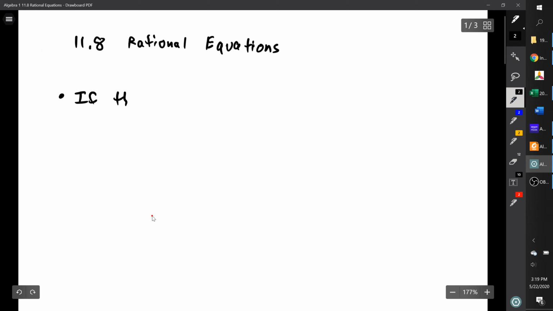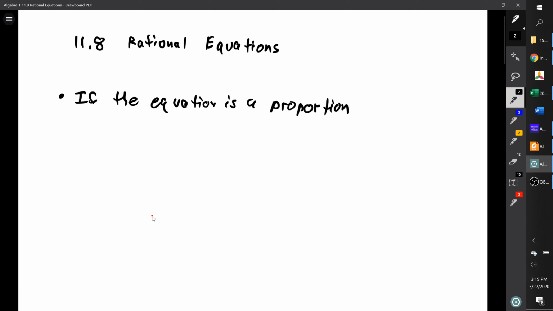If the equation is a proportion. So what's a proportion? That's an equation where it's fraction equals fraction. So you can set it up as one fraction equals a different fraction.